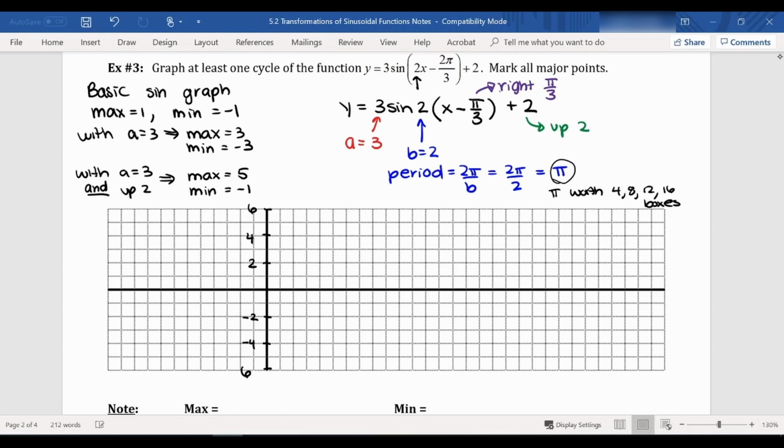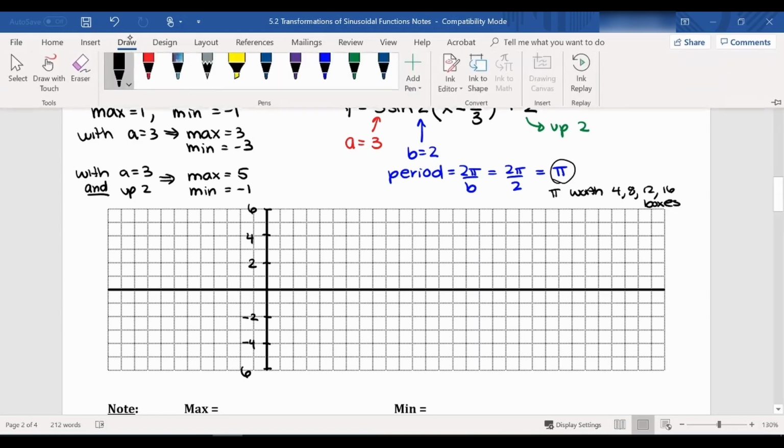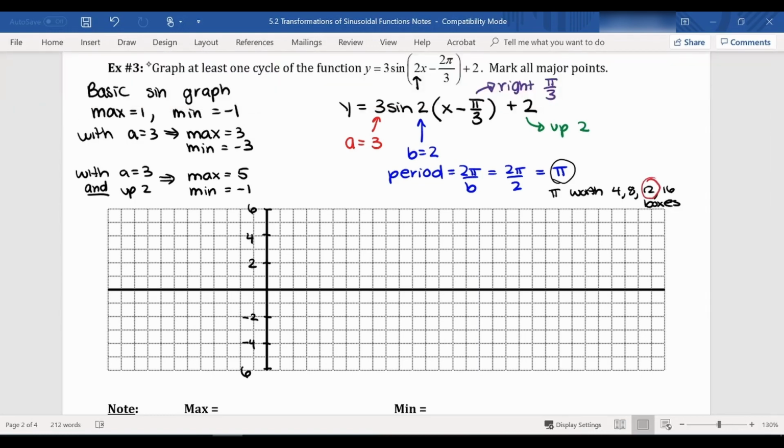You decide. Okay. Now, what's going to help us decide what would be best is because of the right by pi over 3. So I need something that can also be divided by 3 for my pi over 3. Okay. So I want some sort of common denominator between the pi over 3 and the fact that I need to split something into 4. So for us, that means 12 boxes is best.